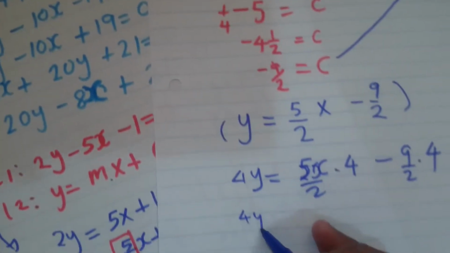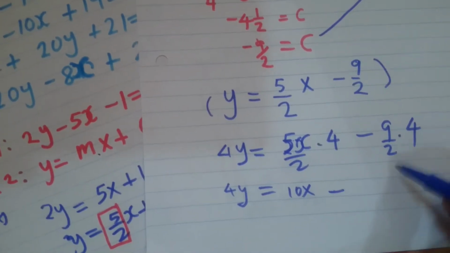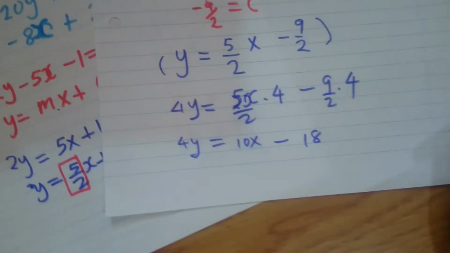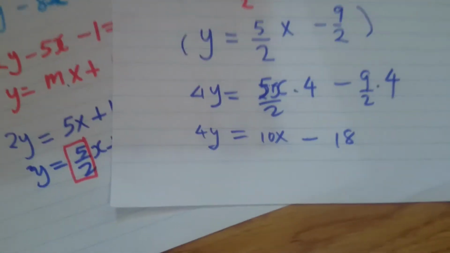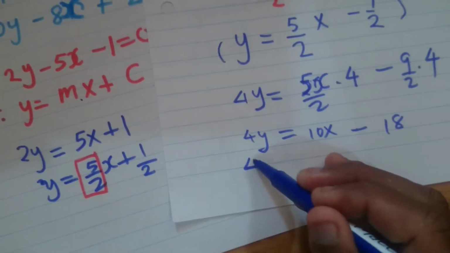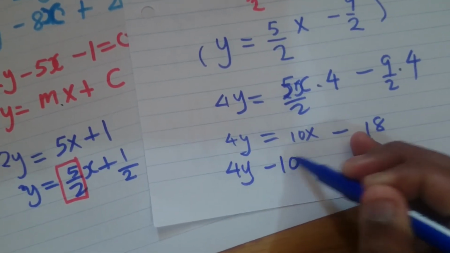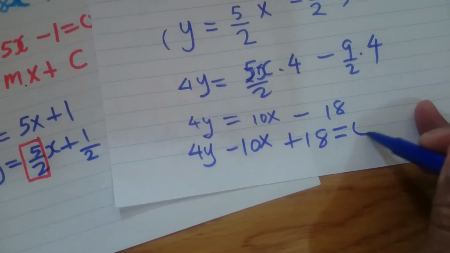So this is going to be 4y equal to 10x minus 18. Now I can take everything to one side, so 10x comes here. I'm going to have 4y minus 10x plus 18 equal to 0.